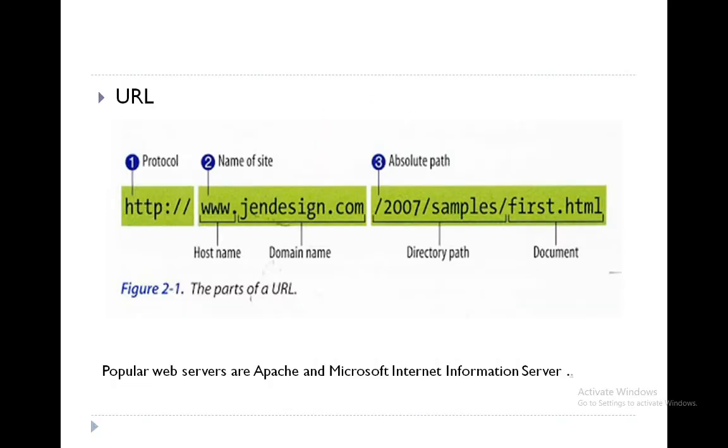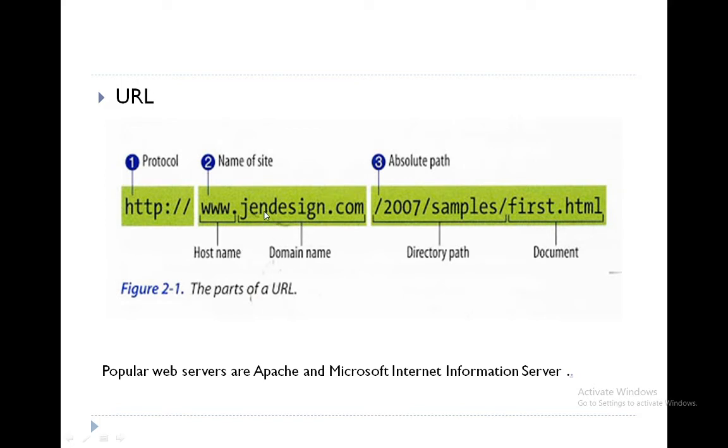So this HTTP is called the protocol, followed by a colon, followed by two forward slashes, then we have the name of a site, then the absolute path. What is the name of a site? It consists of the domain name and the host name.